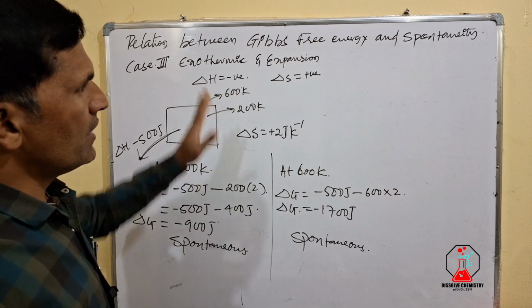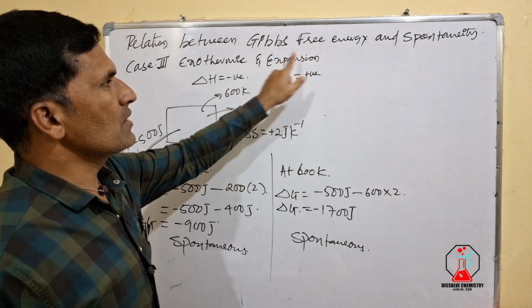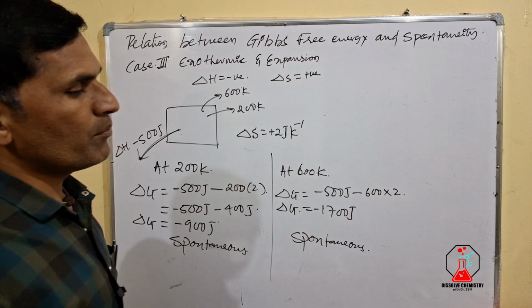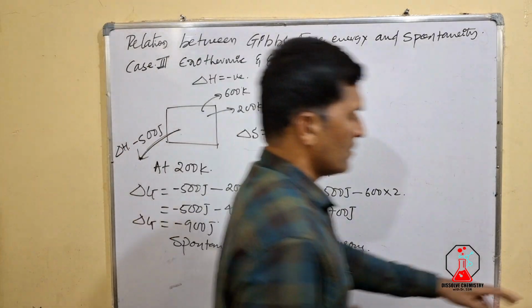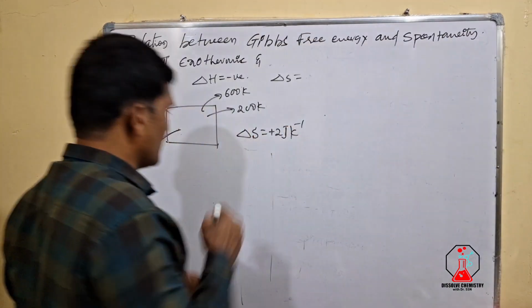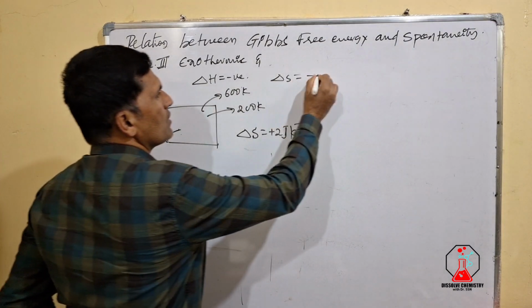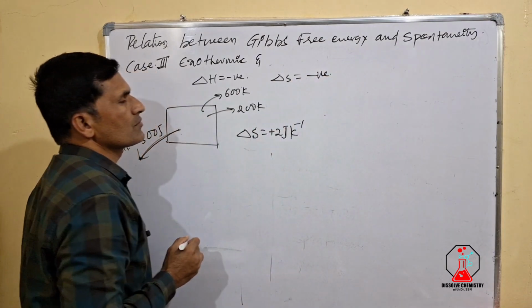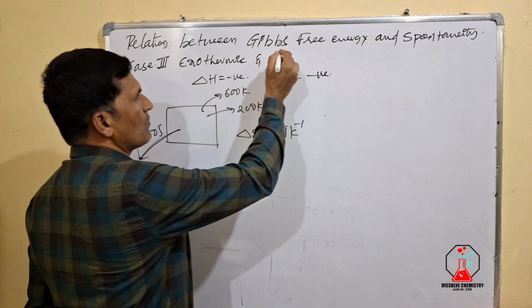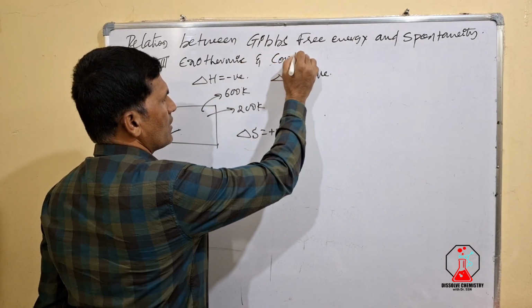Okay, next is the last one we will see. That exothermic process, instead of expansion, if it is undergoing compression or contraction, then what happens? We will see that the entropy is now negative. When both are negative, we call it contraction.